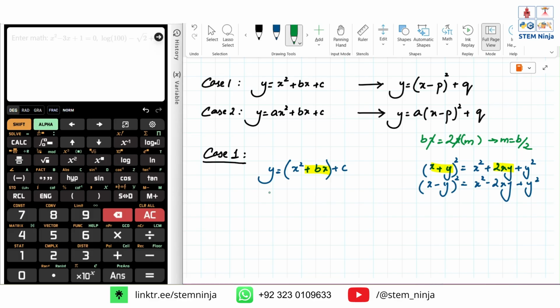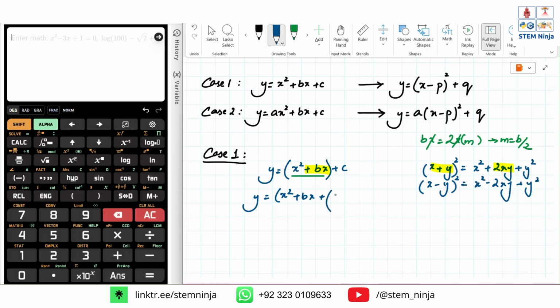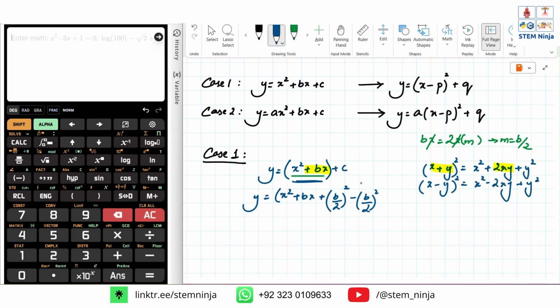So your expanded square will look like x squared plus bx plus, since we are writing the expanded square, plus b over 2 squared and minus b over 2 squared. Why? Because we need to keep it as x squared plus bx.